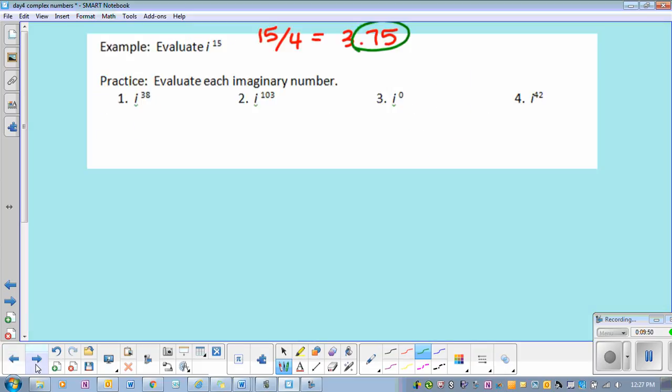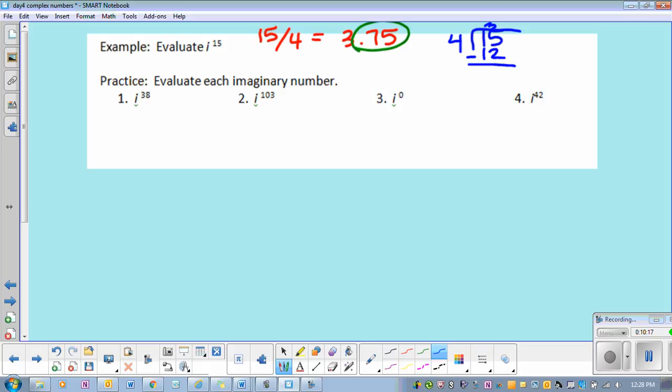Or you could go around the rotations till you get to 15. Or you could just do regular old division and use the remainder rule. 15 divided by 4 gives me what? Just regular old division like you did in elementary school. 4 times what gives me 15, or close to 15? 3 times 4 is 12.